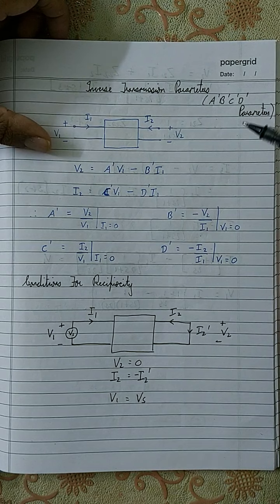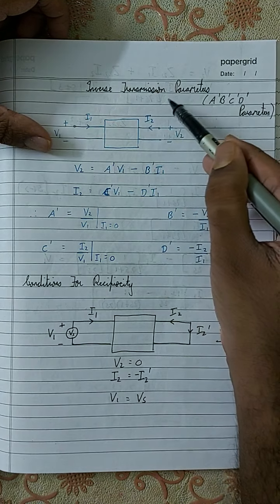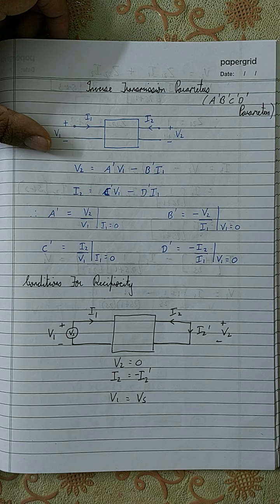Now, what are inverse transmission parameters? First, we already learned about the transmission parameters, also called the ABCD parameters. In ABCD parameters we express V1 and I1 in terms of V2 and I2.